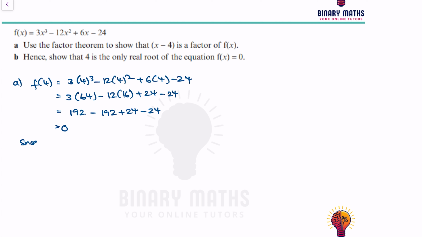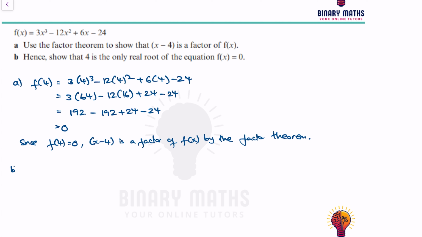So since f of 4 is equal to 0, x minus 4 is a factor of f of x by the factor theorem. Hence show that 4 is the only real solution of the equation f of x equals 0.